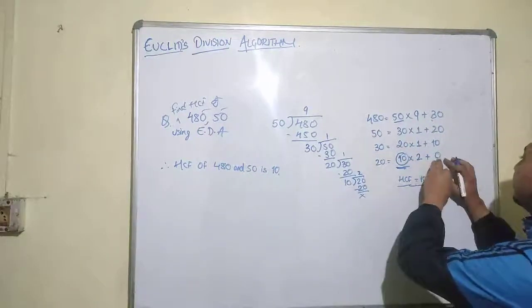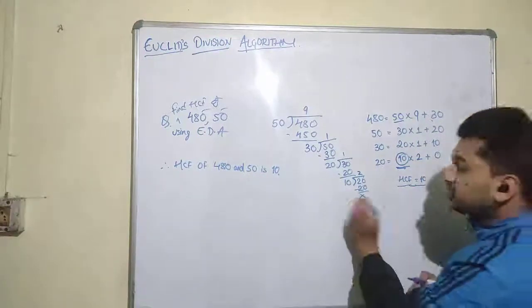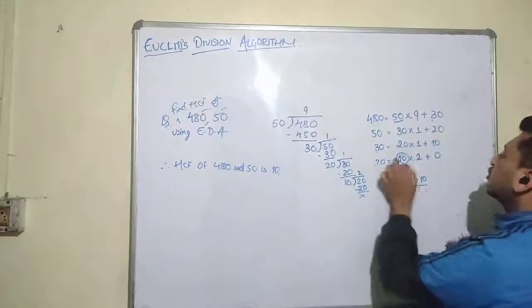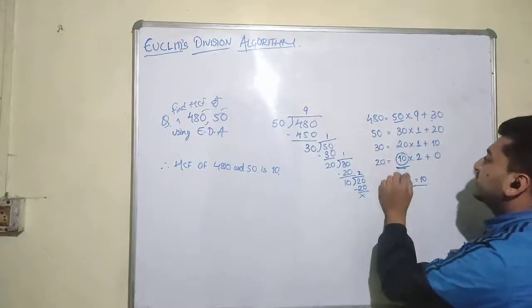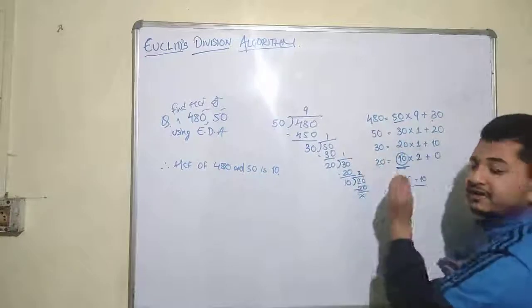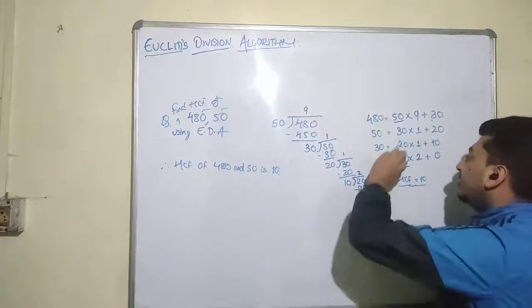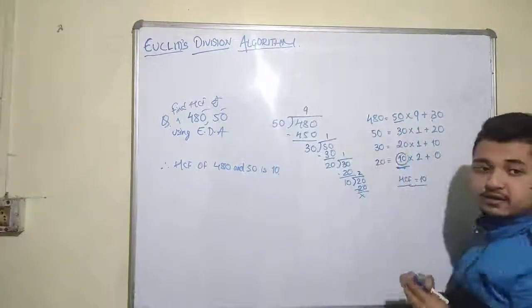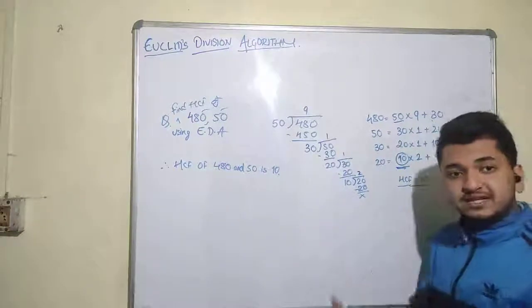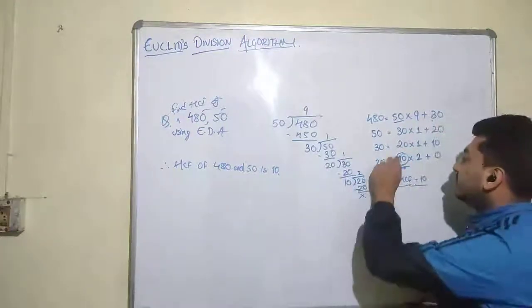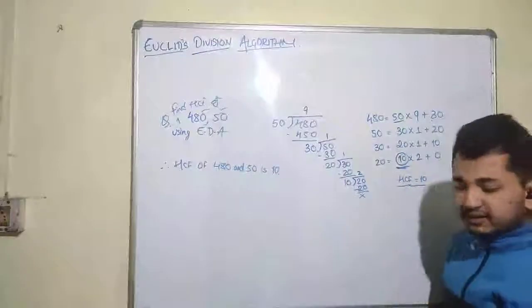You don't have to write a remainder because no remainder is left. So the divisor which is dividing this 20 will be your HCF. जो हमारा डिविडेंड, लास्ट डिविडेंड को completely divide करता है, उस नंबर को हम HCF कहते हैं.